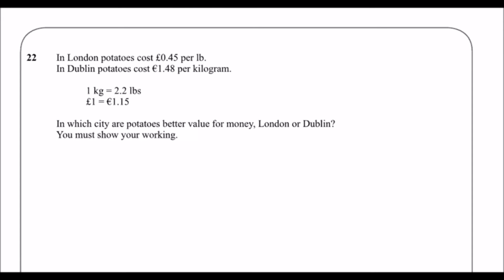Question 22. In London, potatoes cost 45 pence per pound. In Dublin, potatoes cost €1.48 per kilogram. And we've got the conversion rates between kilograms to pounds and money pounds to euros.